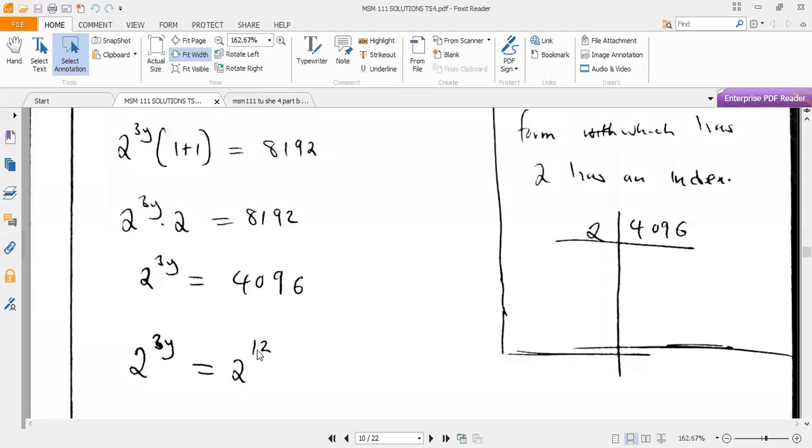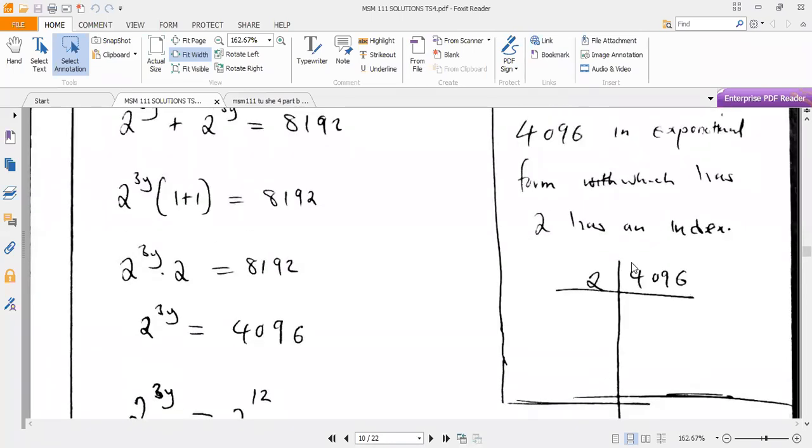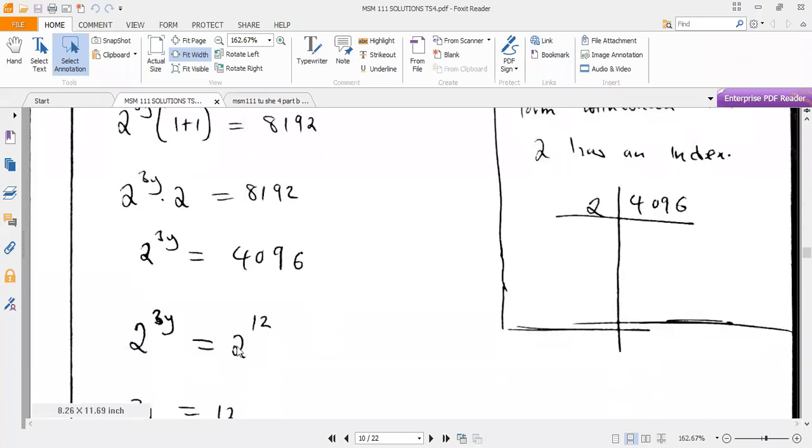How do we get this 12? I hope you still remember your grade 9, 10, 11, 12 work: when you divide repeatedly by 2, you discover that the 2 repeats 12 times. So 4,096 is 2 to the power 12.